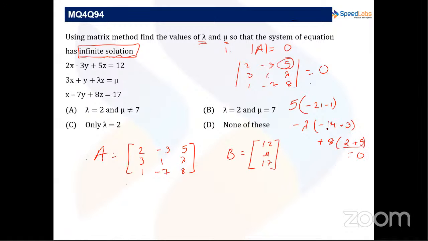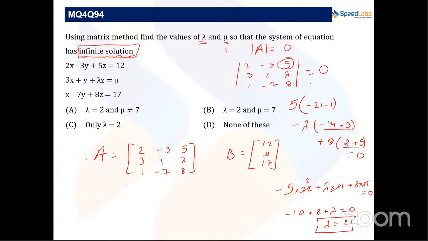See here, this value is 11. This is minus 11. Minus we can take out, so this will be 11. This is 22. So we are having minus 5 into 22 plus lambda into 11 plus 8 into 11 equals to 0. So 11, 11, 11: minus 10 plus 8 plus lambda equals 0. So lambda equals 2. So lambda is equal to 2.